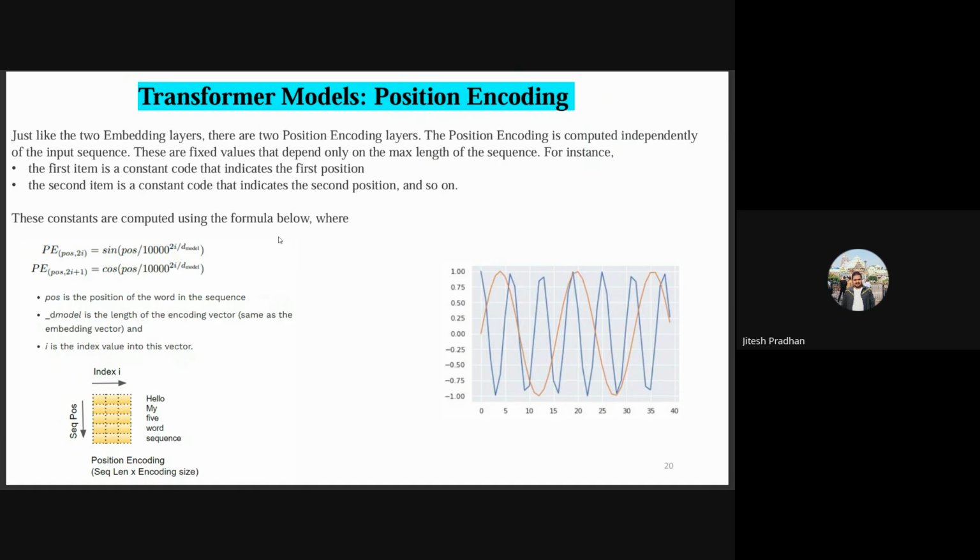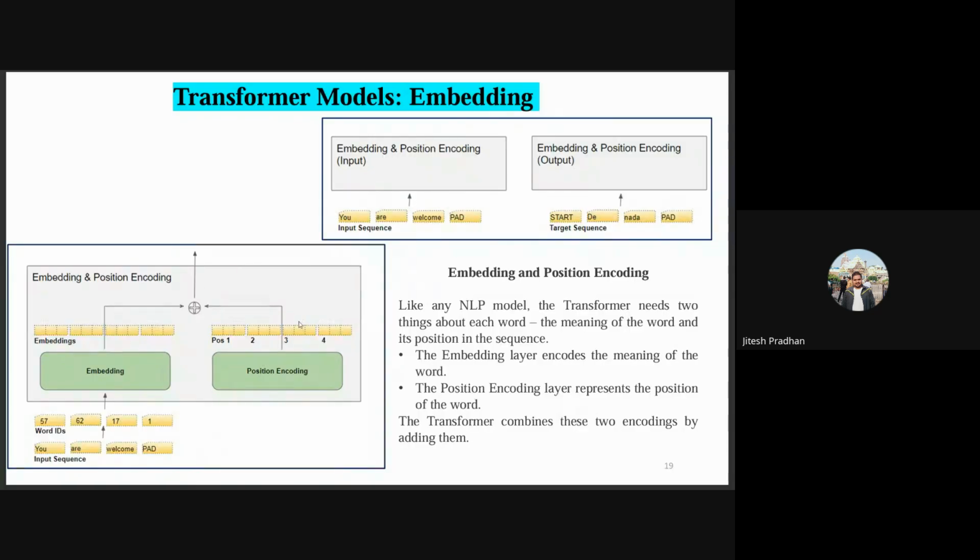Now let's see what the dimension is and what the position is. Look here, it's the first word. For the first word there will be this embedding size, and the embedding size will be the same for each word. Let's say we are using 3-dimensional embeddings here. For the first word these 3 embeddings are there, for the second word these 3 embeddings are there, and for the third word these 3 embeddings are there.